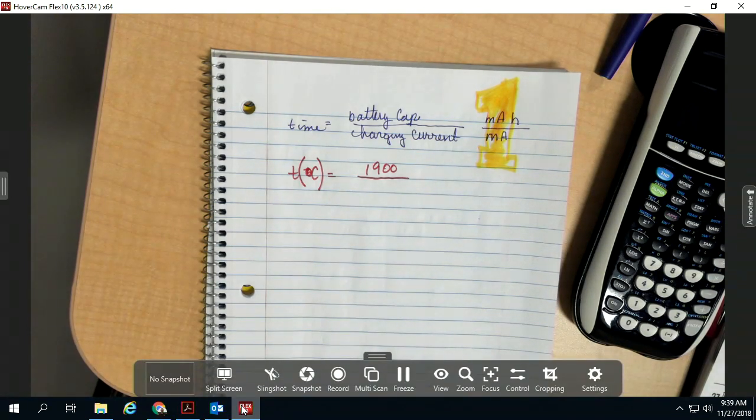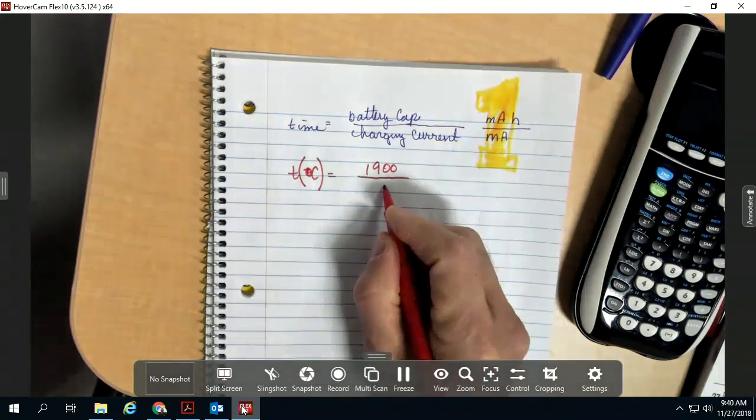Remember at the very beginning of the course I said that time is always the independent variable? Now, that's time of day. That's not the amount of time it takes to charge your battery. We describe both of them using the same word, T, but in this case, T is going to be the vertical axis because the time that it takes to charge your battery is based on the charging current of that battery, and so we will say 1900 over C.